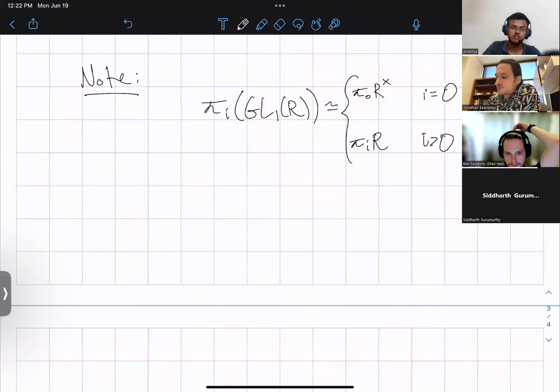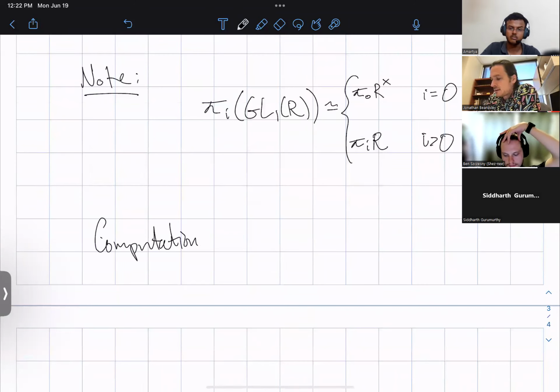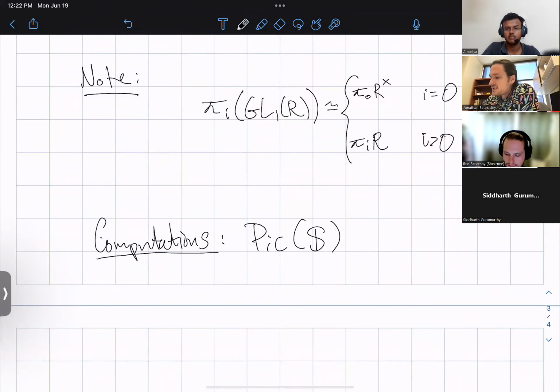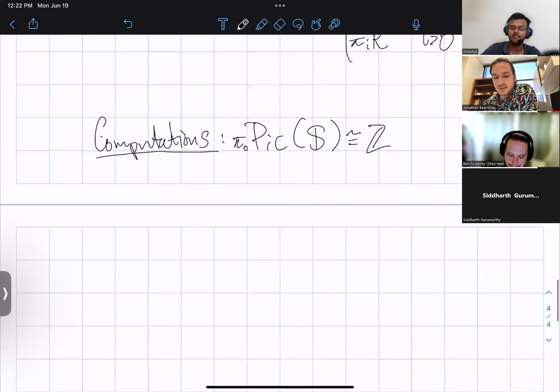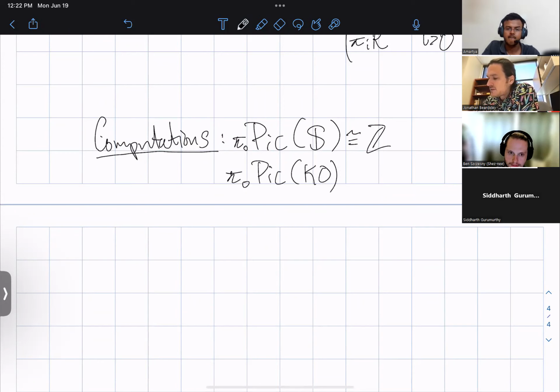And so there are a lot of computations of this stuff. It probably won't surprise you that pi 0 of pic S is, again, the integers, just using this suspension situation. Pi 0 of pic of KO is Z mod 8.